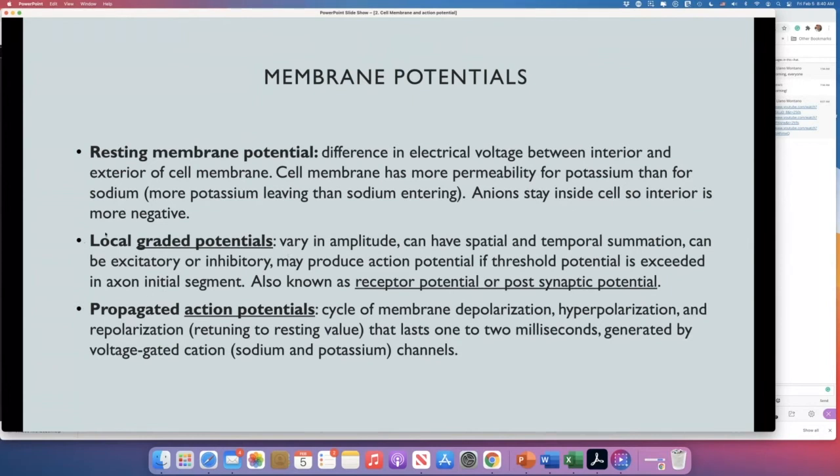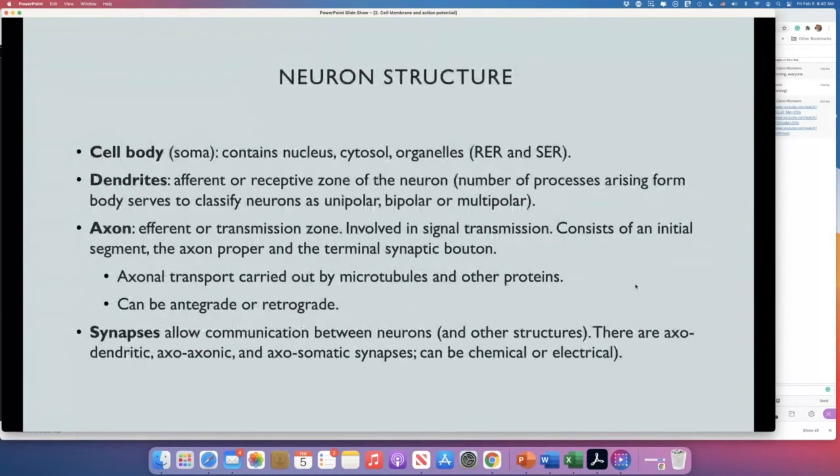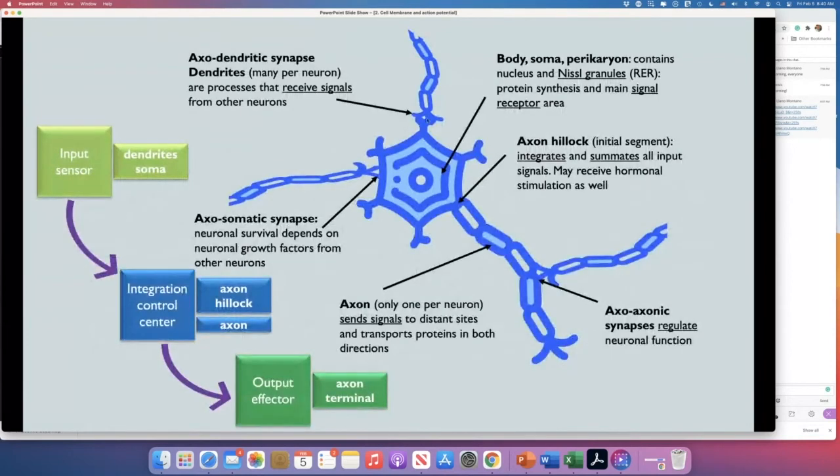There are other terms for these local graded potentials. I told you before receptor potential, but another term for this is postsynaptic potential. Because it's the one, if we go back here, that occurs after the synapse. This neuron on top here fires and releases a neurotransmitter.